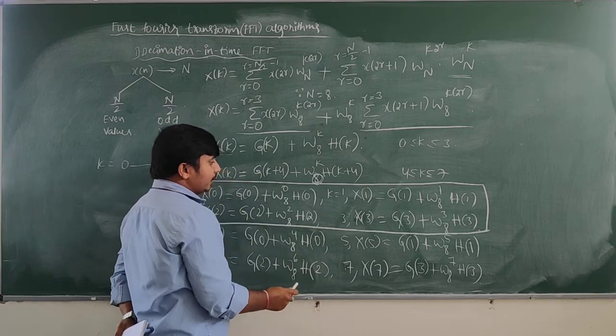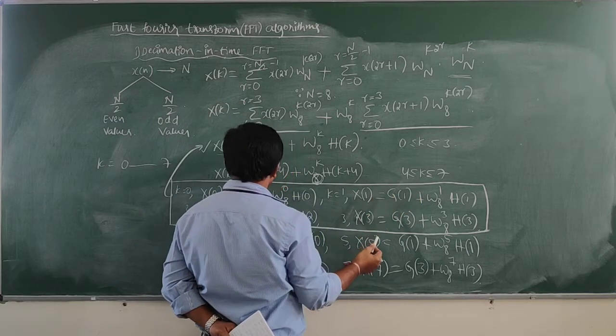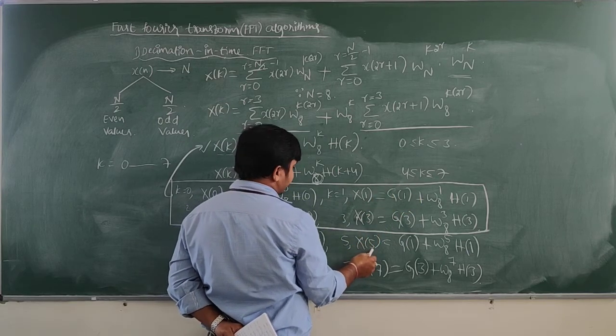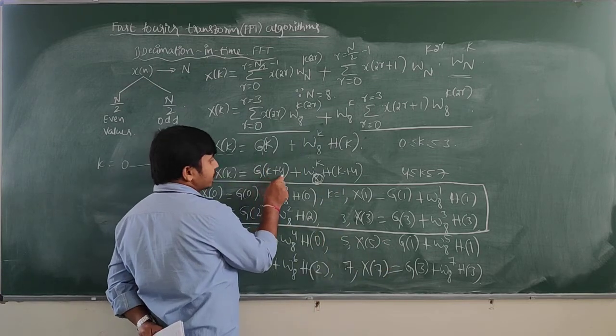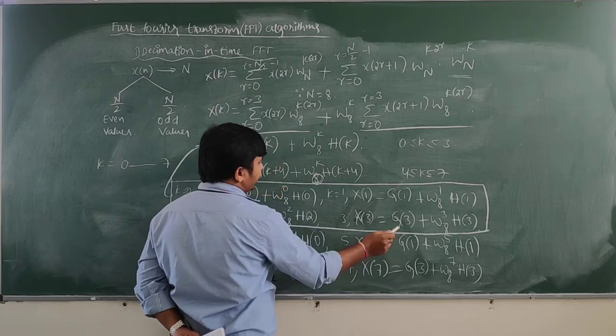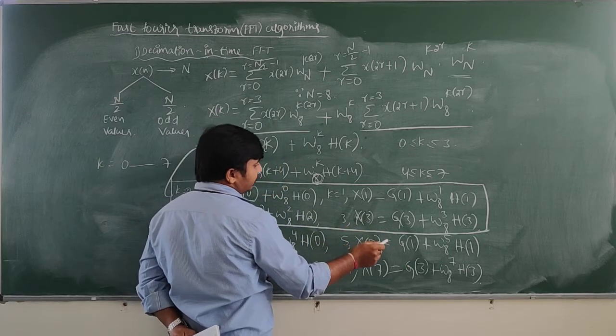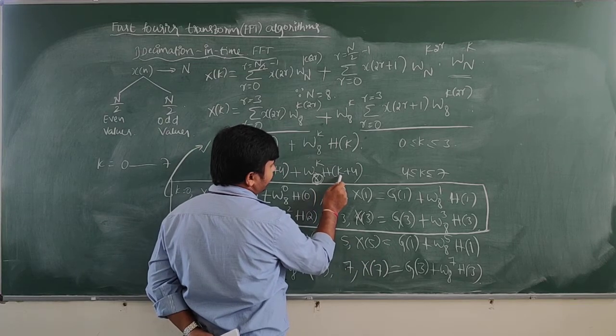So next, put K is equal to 5. So X of 5 is equal to, 5 plus 4 is 9, 9 minus 8 is 1, plus W8 power 5 into H of 5 plus 4.